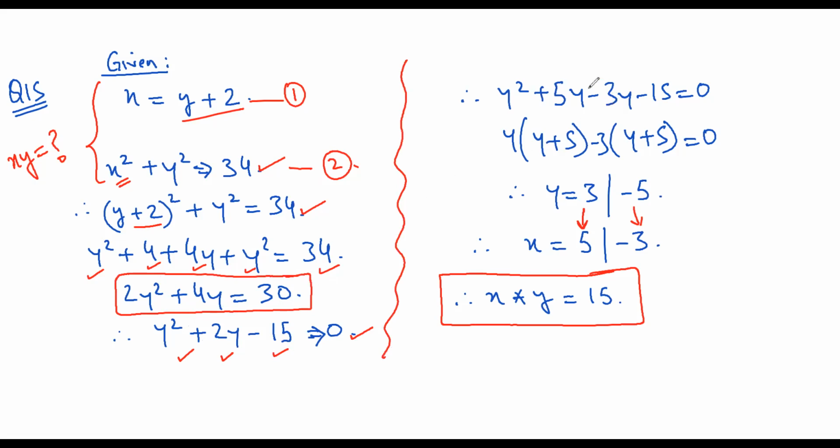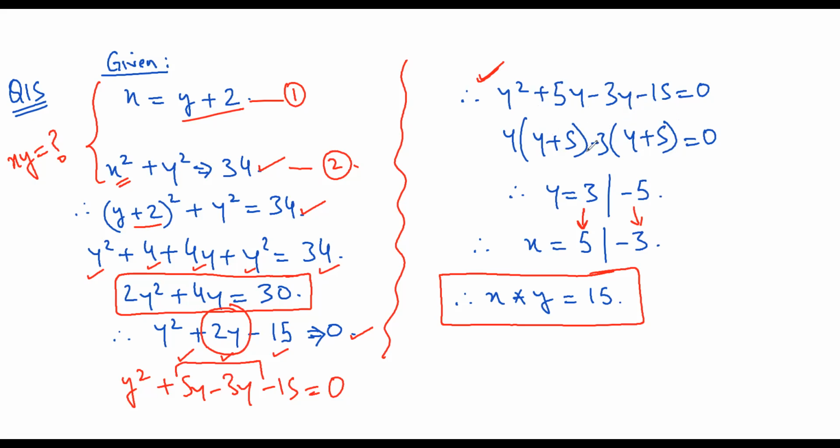So y square plus 2y minus 15 is my equation, and what I can do is split the middle term. So y square plus 5y minus 3y minus 15 is equal to 0. I have split 2y as 5y minus 3y. Any doubt? No, sir.